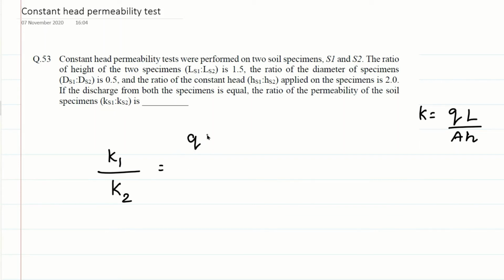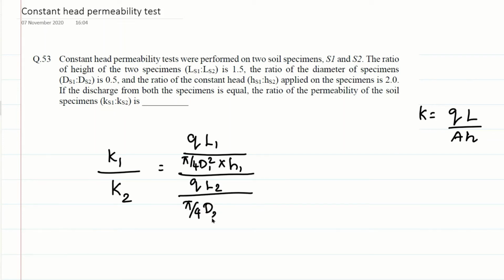So Q remains same, whereas this is L1 for the first sample and here area is mentioned, which becomes pi by 4 d square. So let me take it as d1 square into h1, right? So h1, divided by, discharge is same, so Q again, divided by L2 pi by 4 d2 square into h2.